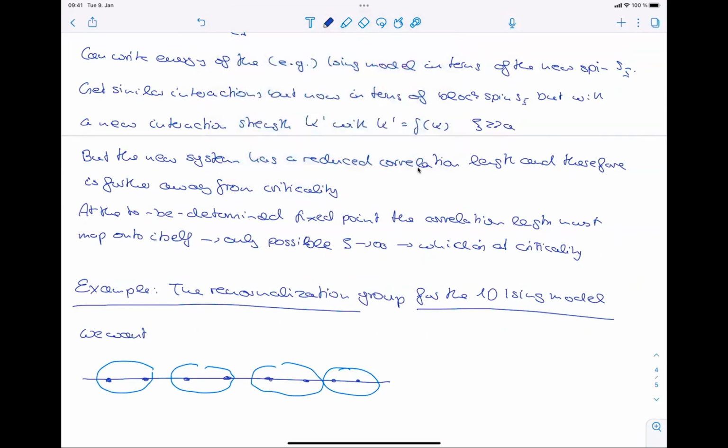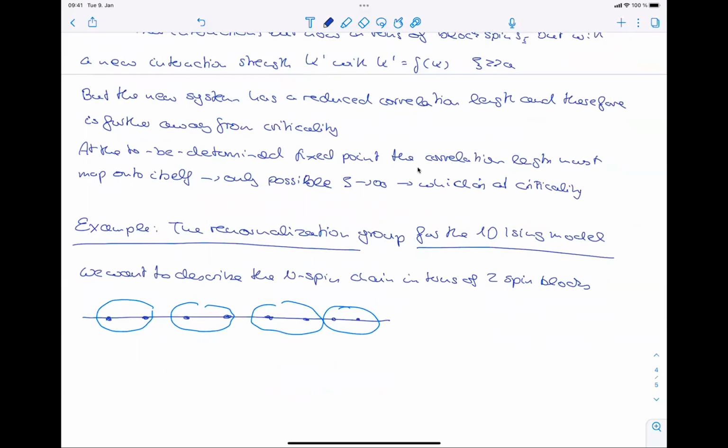So we want to describe the n-spin chain in terms of two spin blocks, really doing this Kadanoff blocking here.